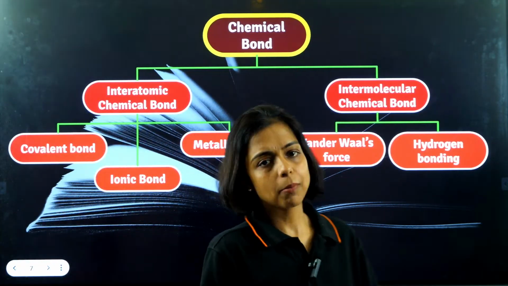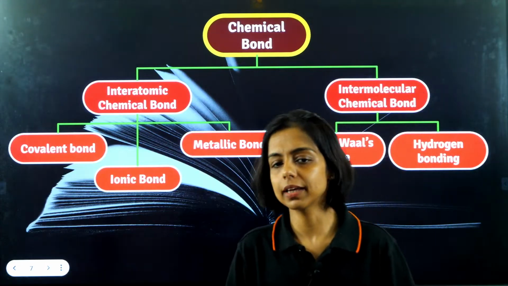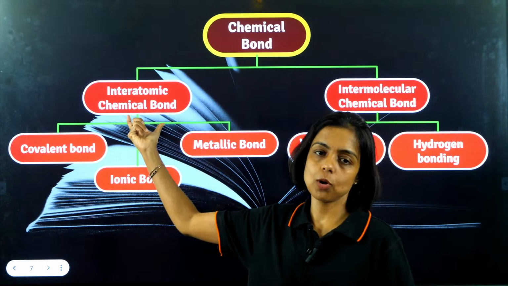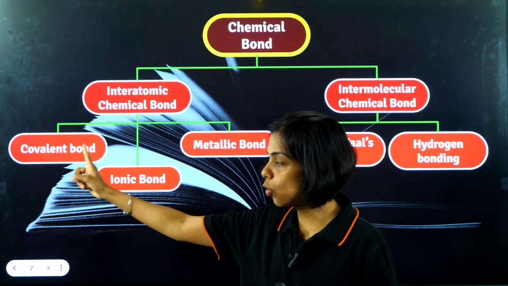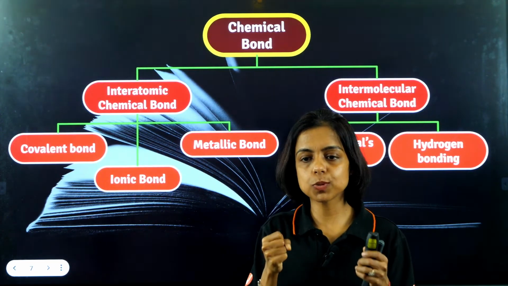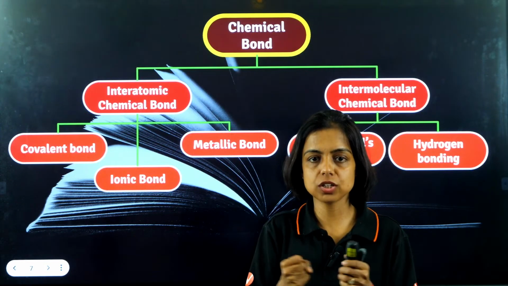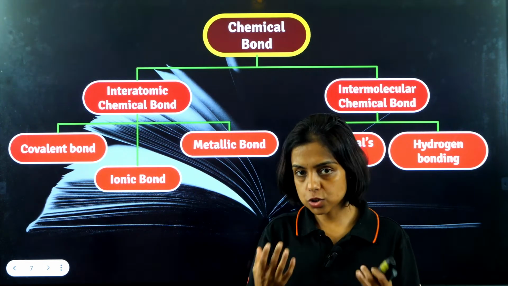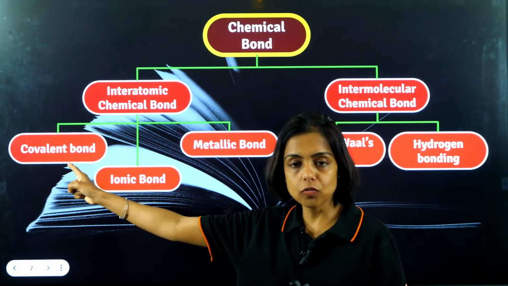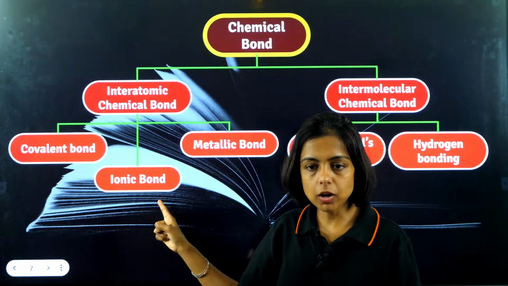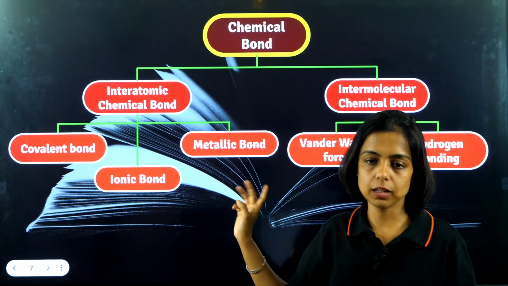Now let us talk about the various types of chemical bond. Interatomic means between the atoms. So we have the covalent bond, the ionic bond or electrovalent bond, and the metallic bond.